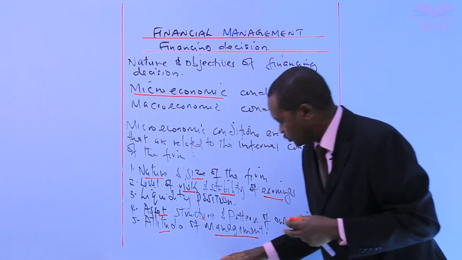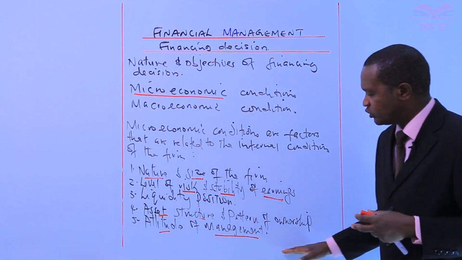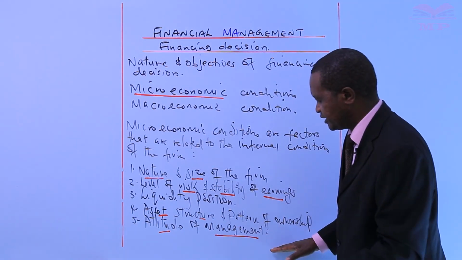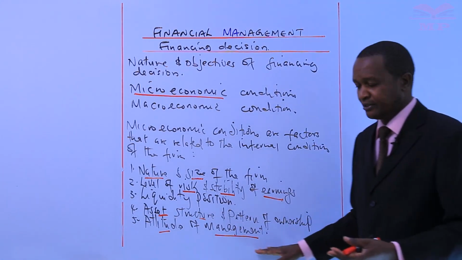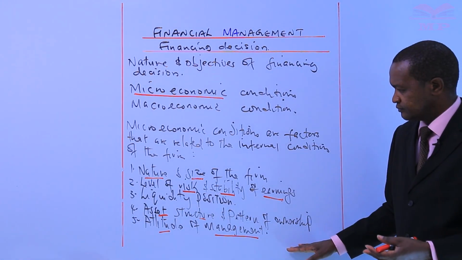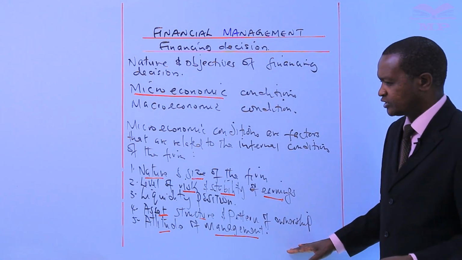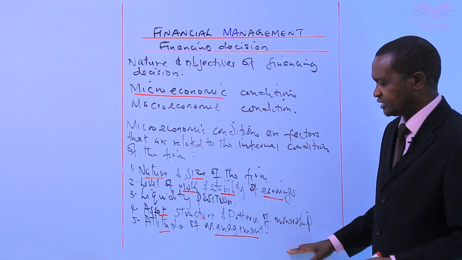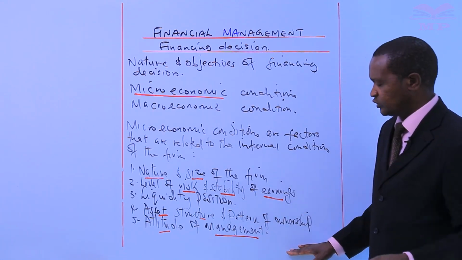So the attitude of the manager can also influence the kind of financing decisions that are taken in a company. Do you understand? There are managers who are aggressive, that is an attitude. There are managers who are conservative, that's an attitude.